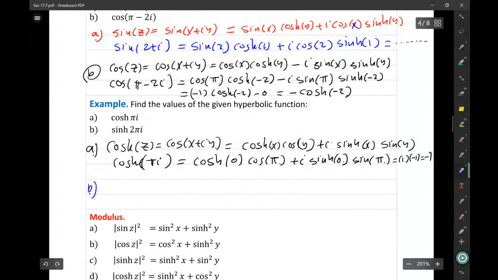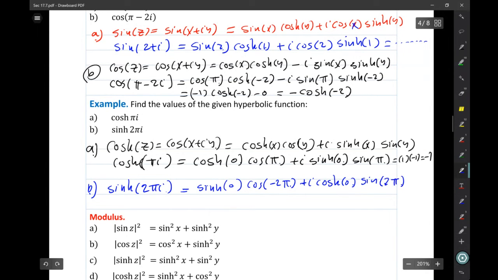Part B. I need sin of 2 pi i. According to the identity of sin, this is equal to what? Sin of 0 cosine minus 2 pi plus i cos of 0 sin of 2 pi.